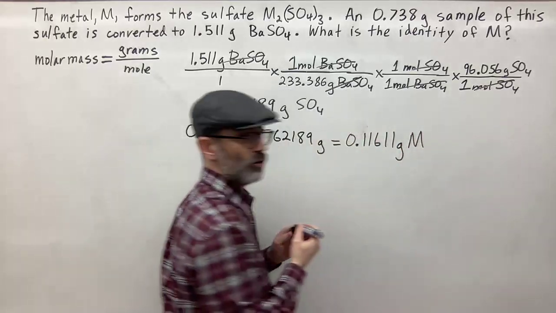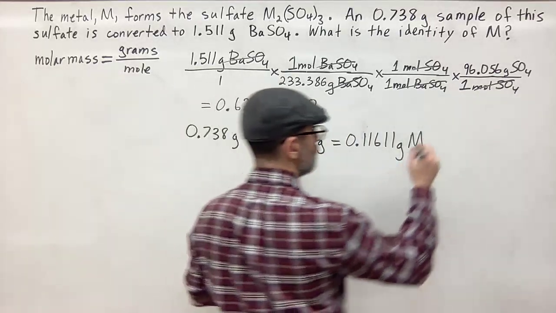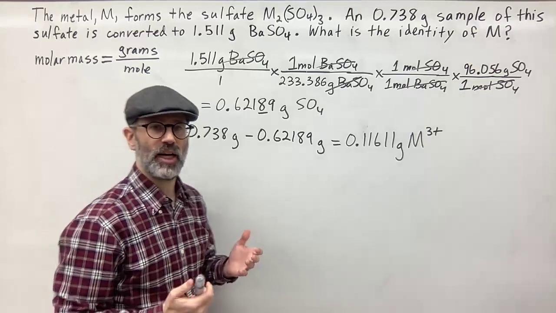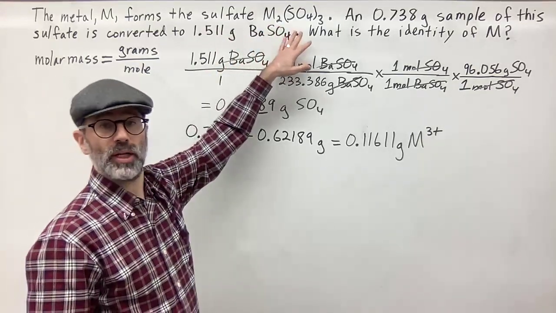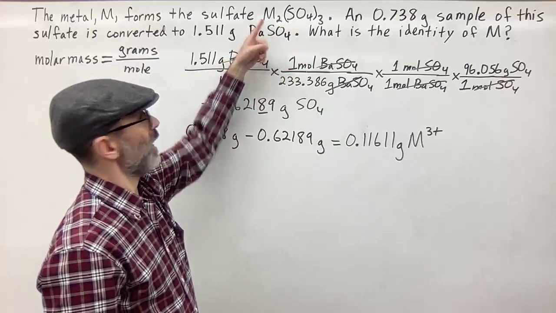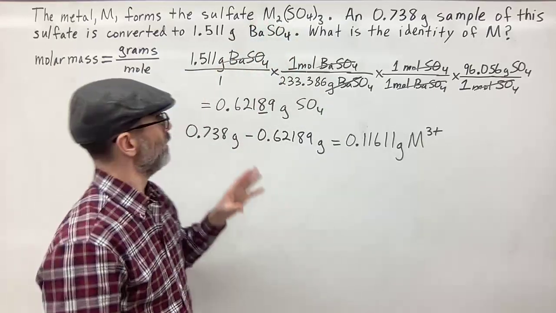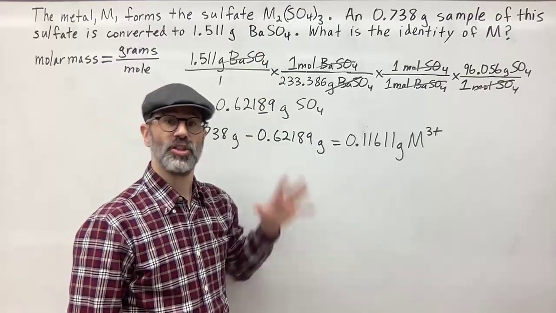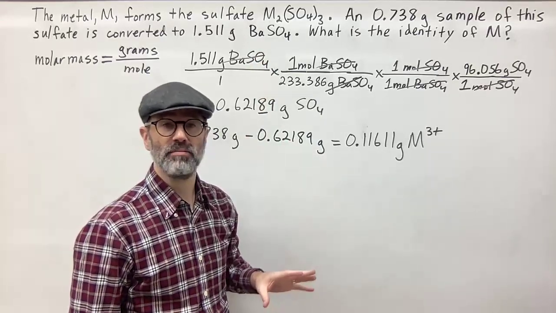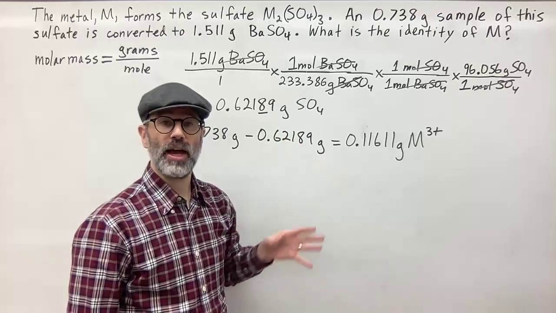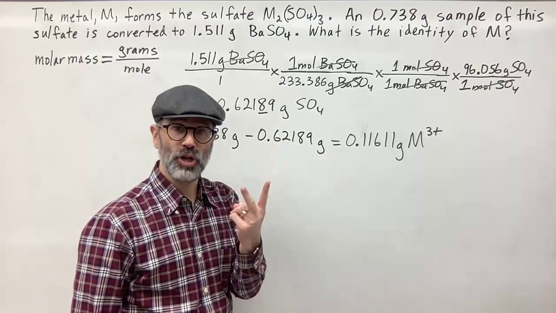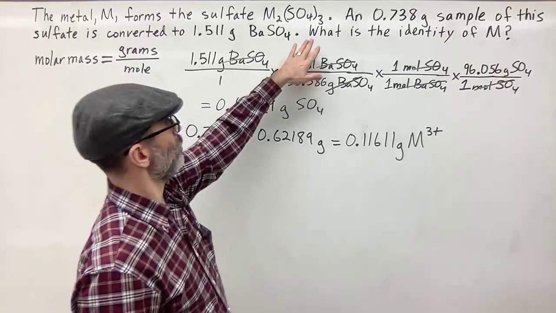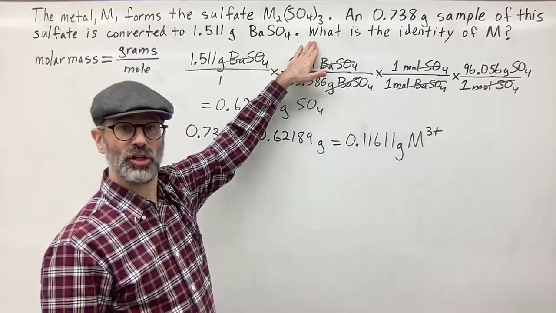And we know that the metal is going to have a +3 charge on it. Why do we know that? Because of the formula. Here I have two metal atoms that are supposed to balance out the sulfate ions. Each sulfate ion has a -2 charge, and I have 3 of those, so a -6 charge total.